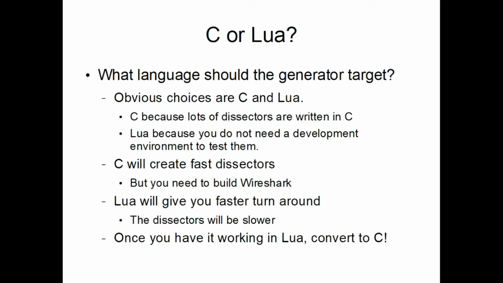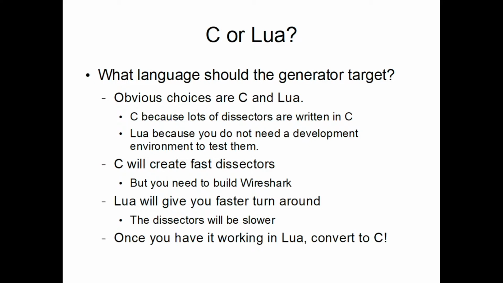However, because the dissector generator that I've been working on can generate both C and Lua code, as long as both of those generate the same results, and I need some sort of infrastructure for verifying that they do, then once you've got the Lua dissector working to your satisfaction, you could turn it into a C dissector and employ someone, or go through the effort of getting a build environment for yourself, and just plunk the C dissector in there and then build.